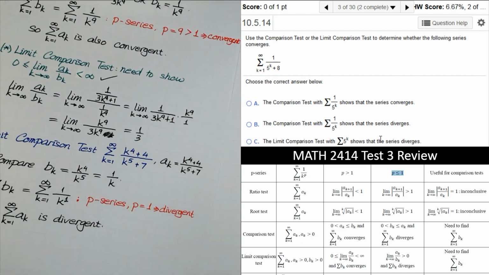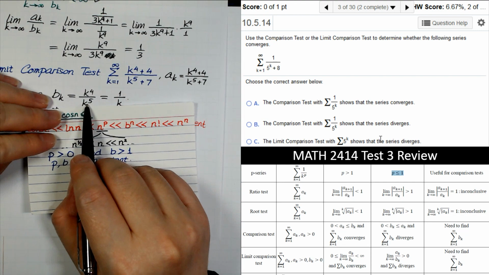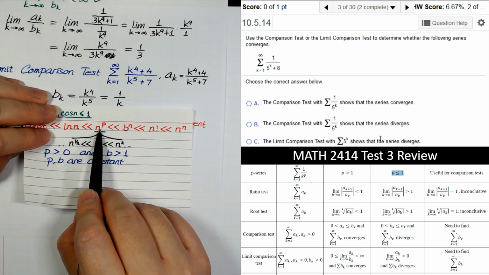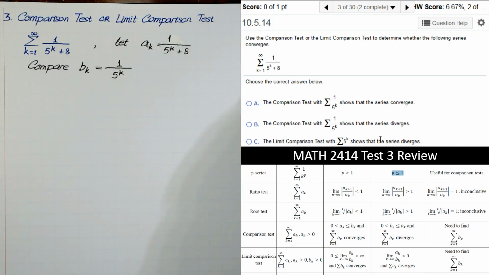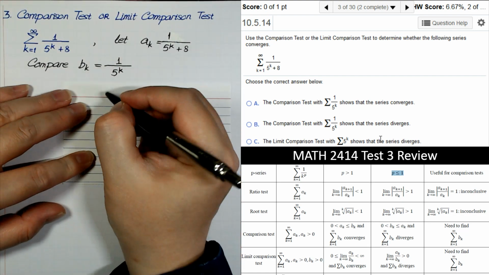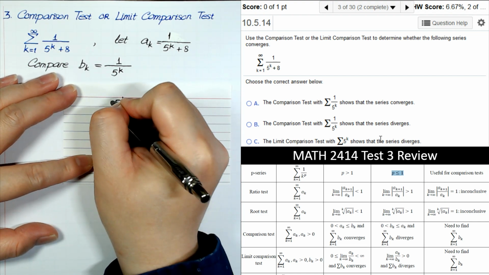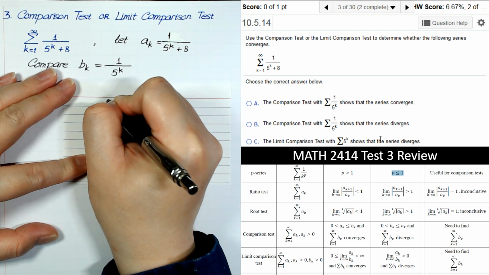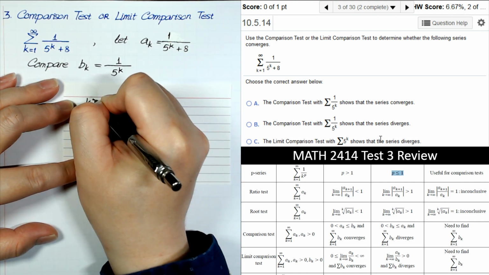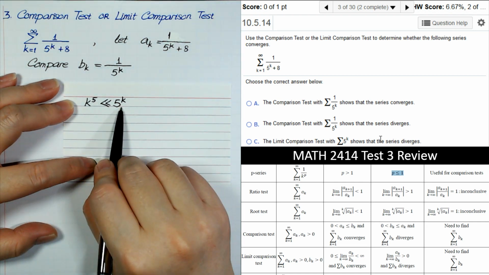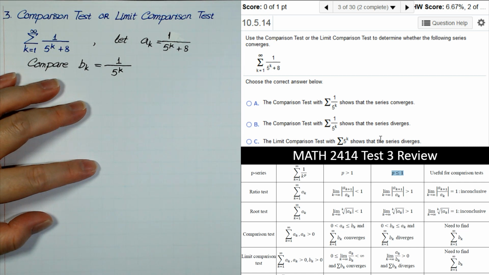And compared to the previous one, we have, for example, k to the 5th. K to the 5th is this one, and 5 to the k. Let me write this down. What I actually mean is, we have 5 to the k, and that is going to be bigger than k to the 5th. So exponential is going to be bigger than power.